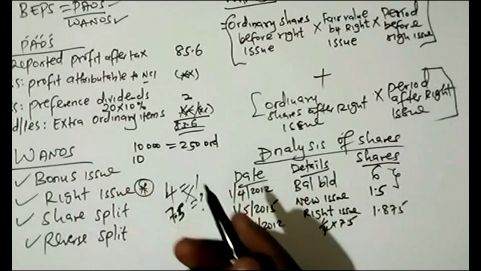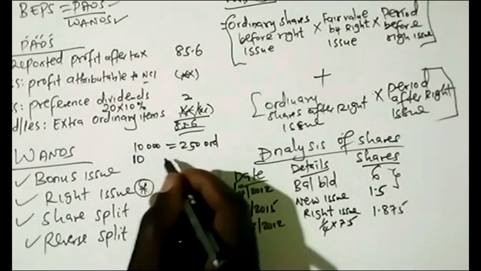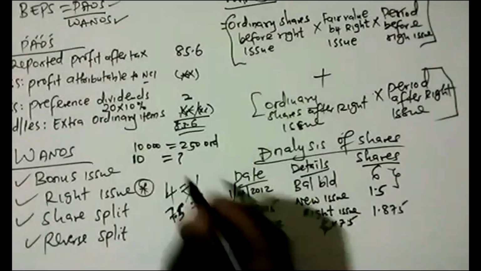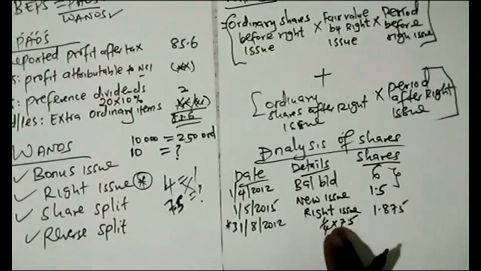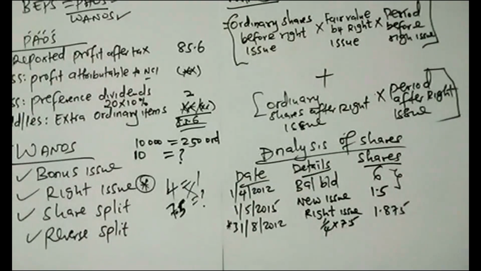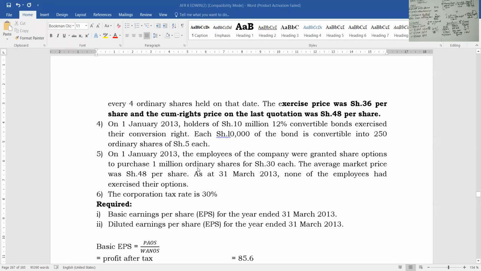Remember, our question was in terms of millions, so we reduce it to millions. When did they carry out this conversion? On 1st January 2013, according to note 4.